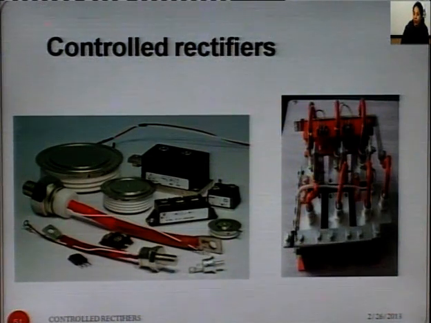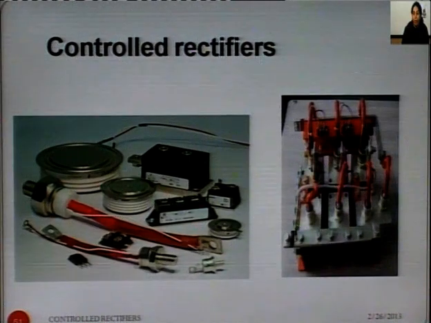On that basis we have single phase half wave controlled rectifier and single phase full wave controlled rectifier. In full wave we have center tapped and bridge configurations, and by employing these configurations we have semi controlled and fully controlled rectifiers. This is how we can classify the controlled rectifiers.